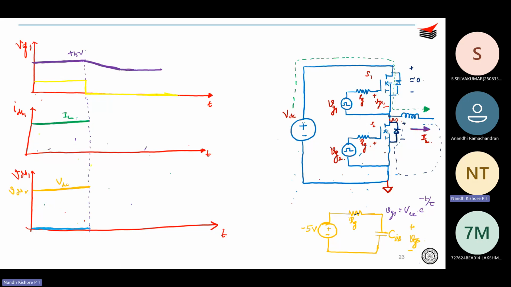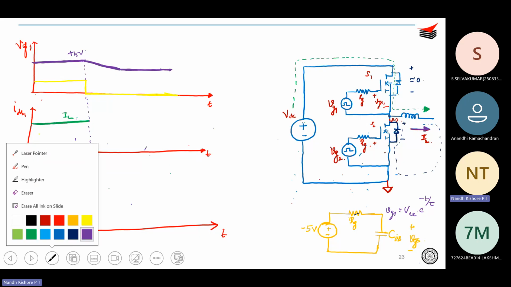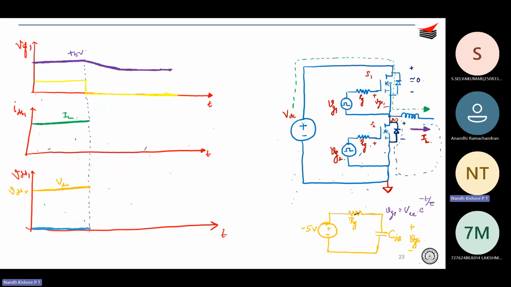This is something we studied during turn on also, right? There is a Miller region wherein your drain source voltage for the top device will increase like this till VDC, and obviously for the bottom device, the voltage across the freewheeling device will fall complementarily.